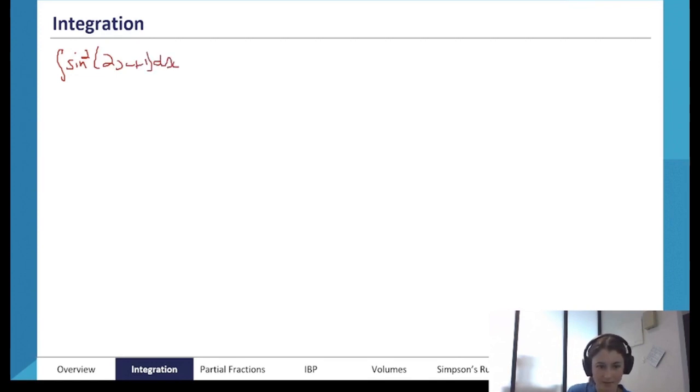And our identity is that sine squared x is equal to a half of 1 take cos 2x. So we're going to apply this identity. What we have currently is sine squared 2x plus 1, so we're going to let this angle in the brackets be the same, and we're going to apply it.